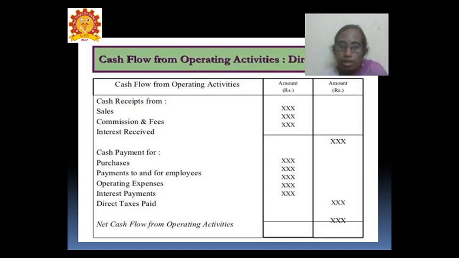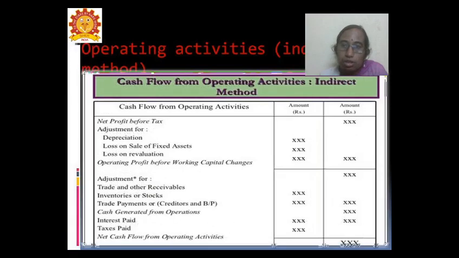Next, in the operating indirect method, where they are starting with the net profit from the profit and loss, we are able to ascertain the net profit and loss, and then they are able to make the adjustments for the depreciations, the loss on sale of fixed assets, loss on investments and other things, and the operating profit is going to be arrived at here.